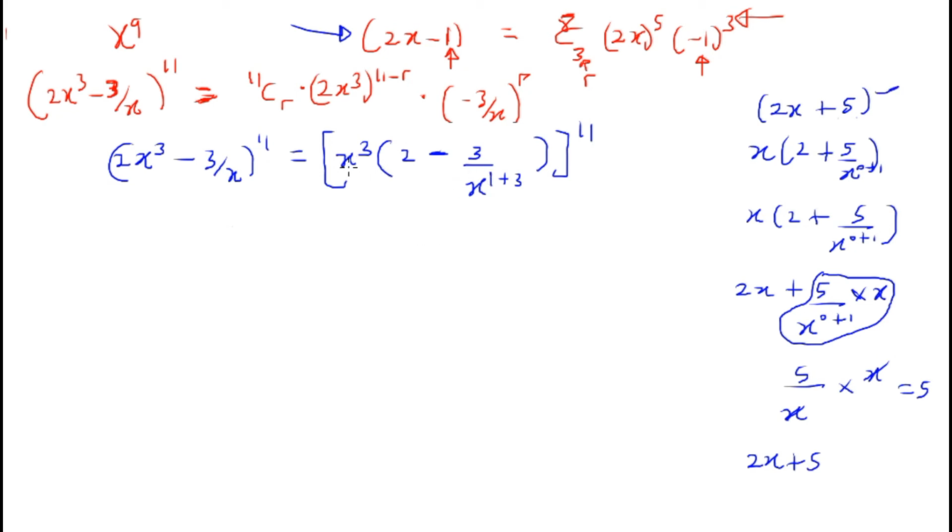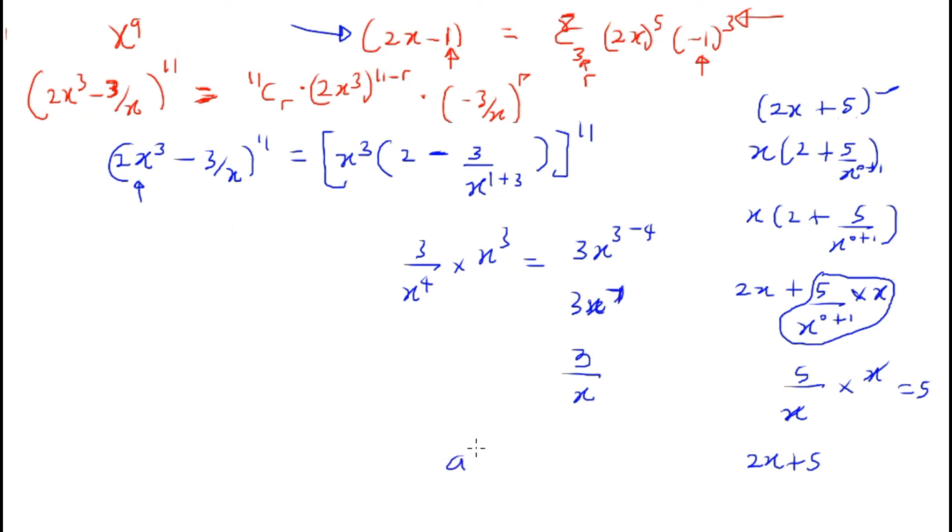If I multiply x raised to power 3 times 2, I'll still have this. x raised to power 3 times this is this, x raised to power 4 multiplied by x raised to power 3. According to the law of indices, I just need to subtract their powers. So I'll have 3 minus 4, which is x raised to power minus 1, which is the same thing as 3 over x, because x raised to power minus 1 is actually 1 over x.